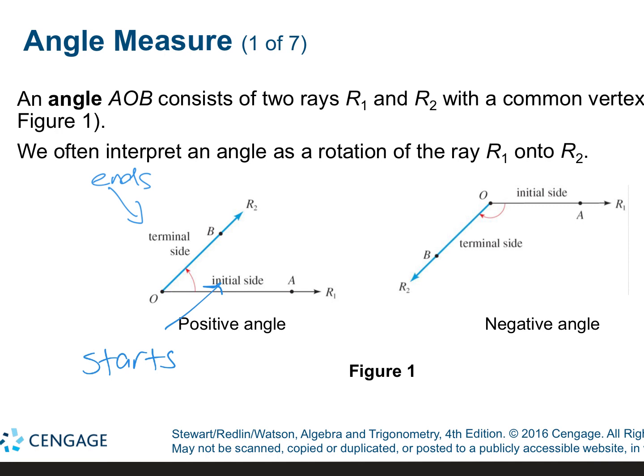But the angles that we're talking about right now are always going to start on the positive side of the x-axis. So if we're talking about a coordinate plane, it's always going to start right here. A positive angle is measured up. A negative angle is measured down.